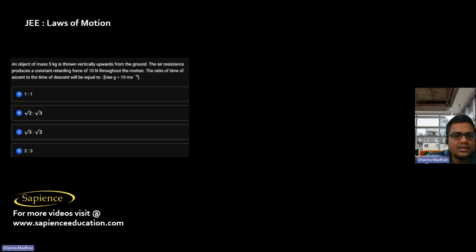Then here it is told an object of mass m is thrown vertically upwards from the ground. 5 kg mass, it is thrown upwards from the ground.